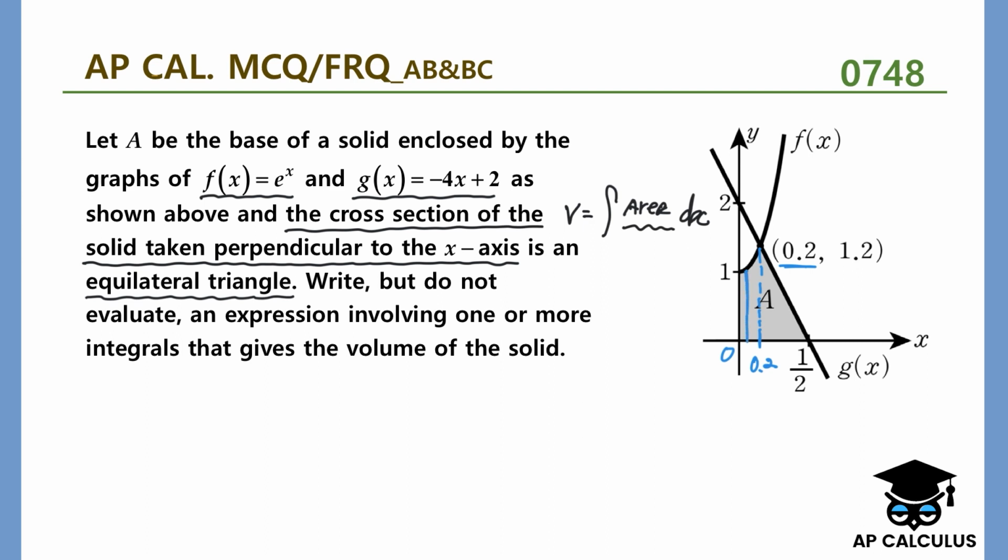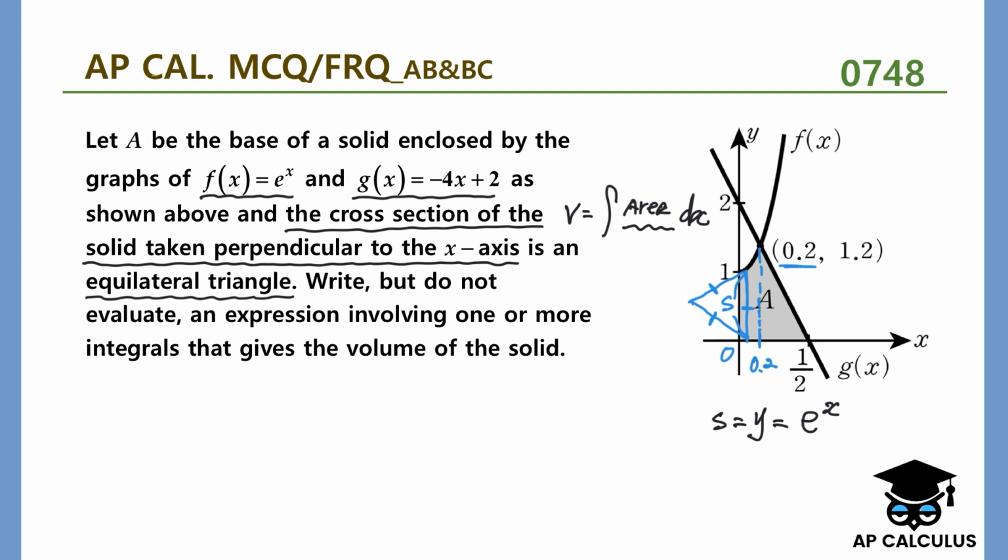We have an equilateral triangle like this, and I'm going to say the side of the equilateral triangle is S. From 0 to 0.2, our S is y of this curve, function f of x, so that's going to be equal to e to the x.